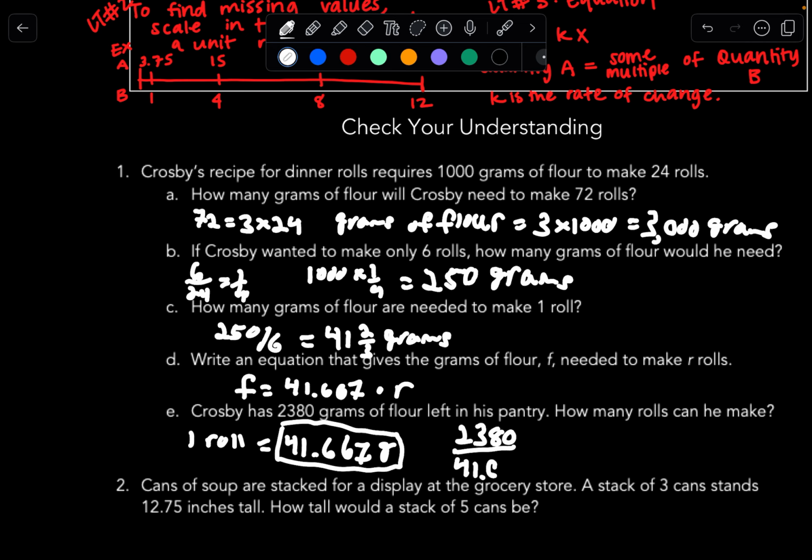I'm using a calculator, hint, hint. Maybe you need to get one. That works out to be 57.12 rolls. Or, because you can't make 0.12, 57 rolls.